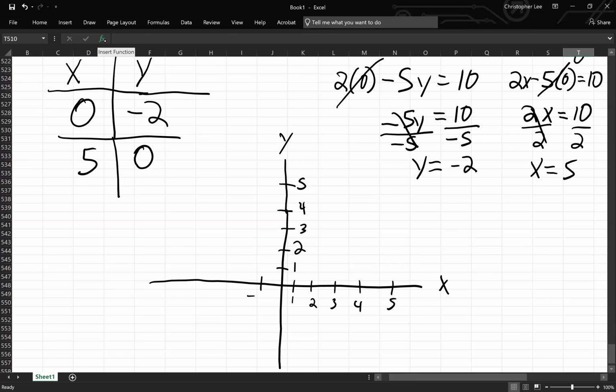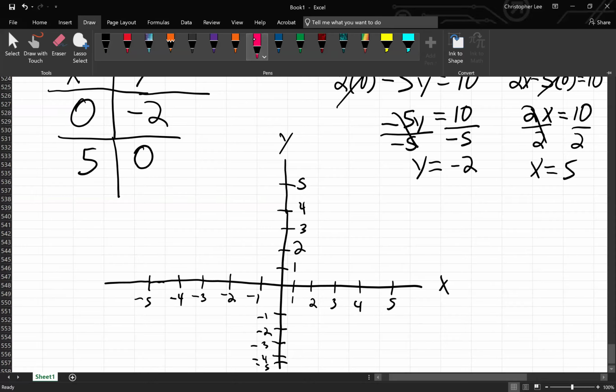Then we're gonna have what? -1, -2, -3, -4, -5, right? Then we're gonna have what? -1, -2, -3, -4, -5. You get the idea, right?